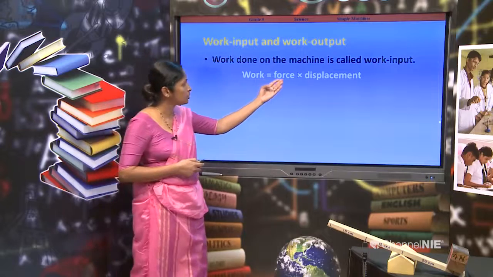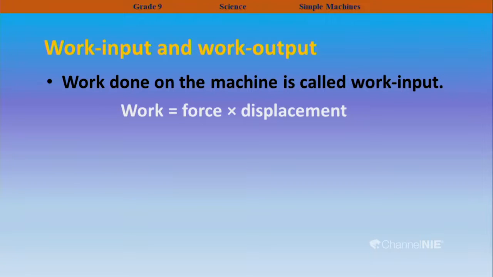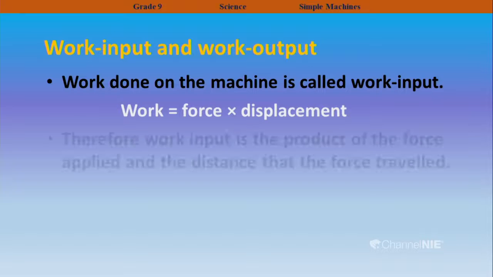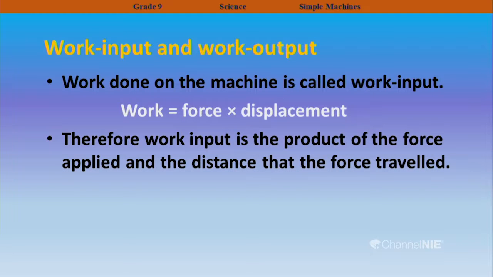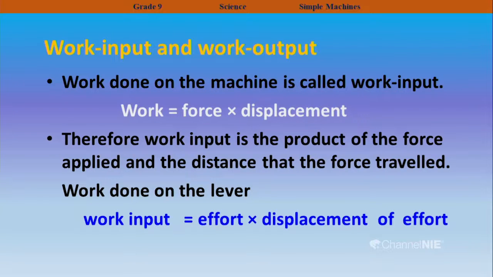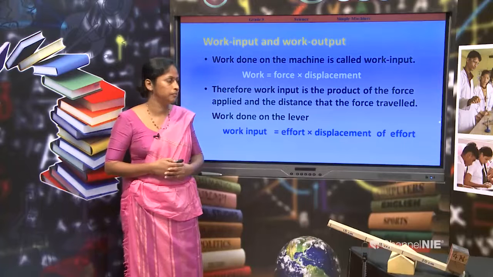Work equals force into displacement. In calculating work done on the machine, we can use the effort and the distance moved by the effort. So, work input equals effort multiplied by displacement of the effort.